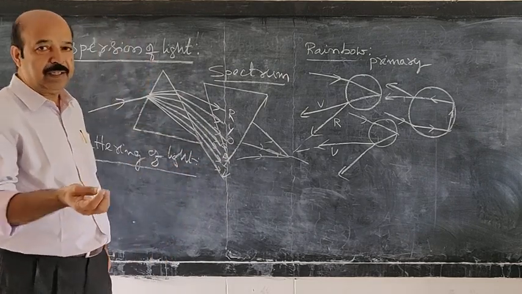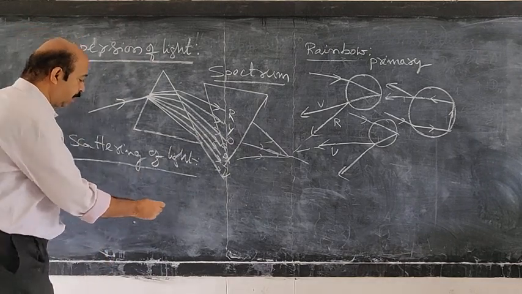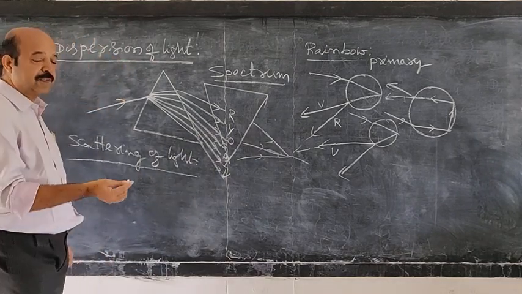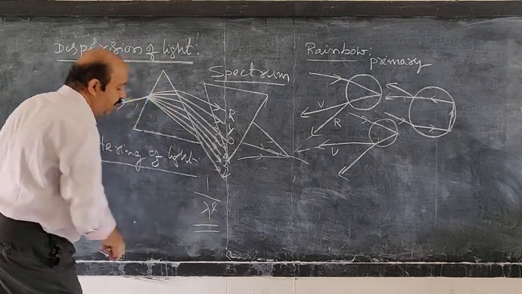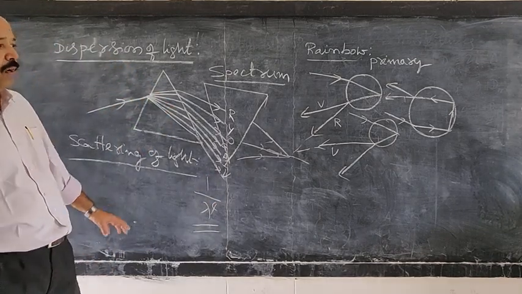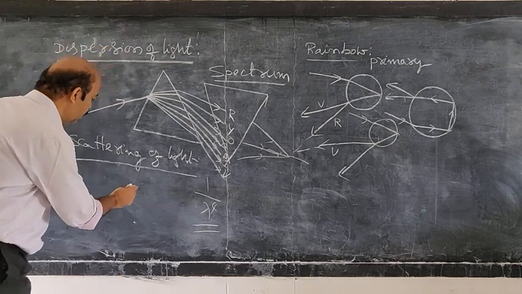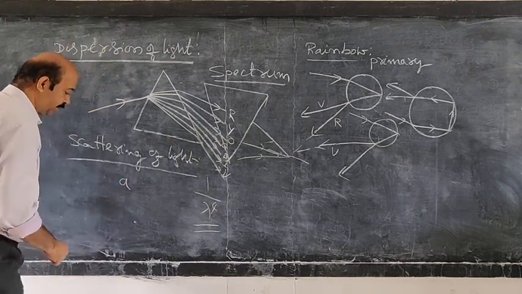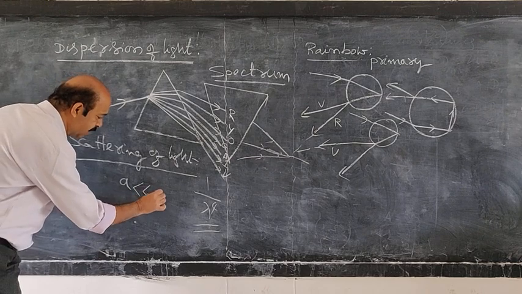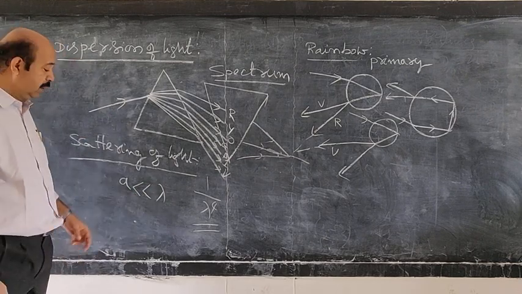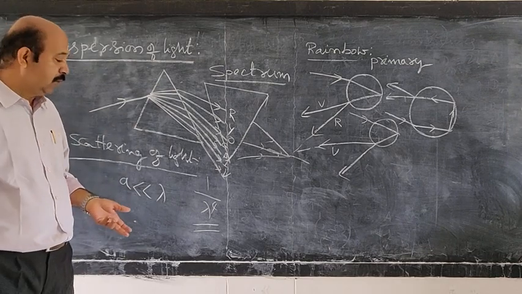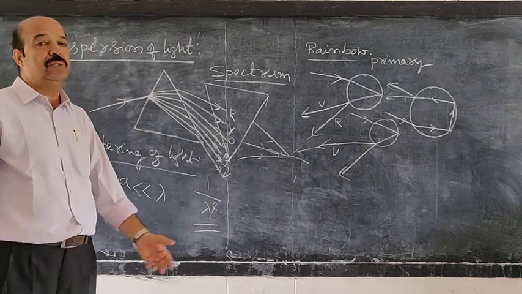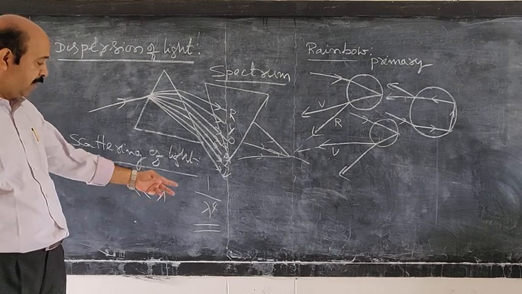So according to Rayleigh formula, the amount of scattering is inversely proportional to the fourth power of wavelength of light. So according to that, if the size of a particle is far less than the wavelength of the light, then those wavelengths are more scattered. So the scattering will be proportional to 1 by lambda power 4.